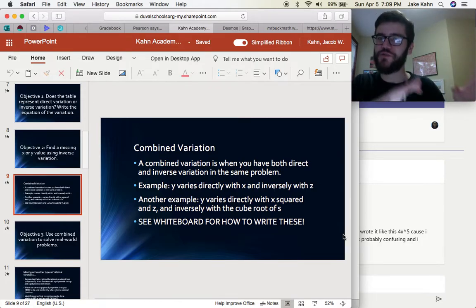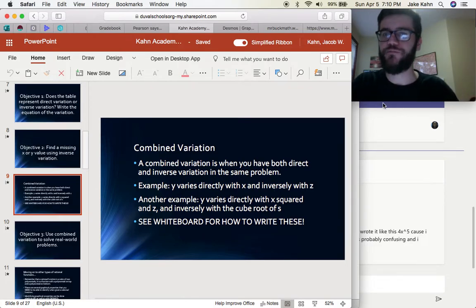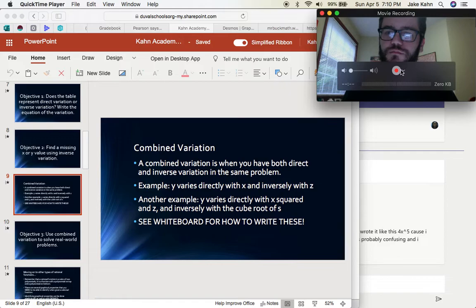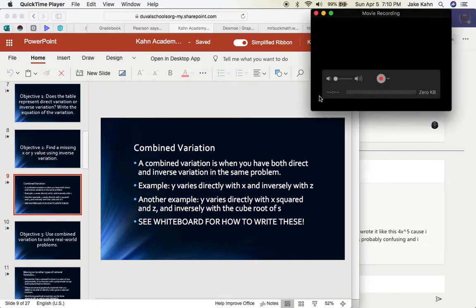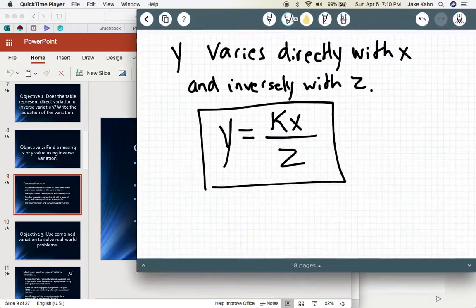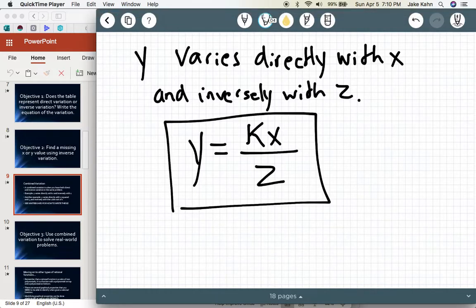Try to write out those relationships. Maybe pause the video at this point, and I'm going to help you out writing out these examples, what the equations would look like. All right. So that first equation, the first statement, it said y varies directly with x and inversely with z.